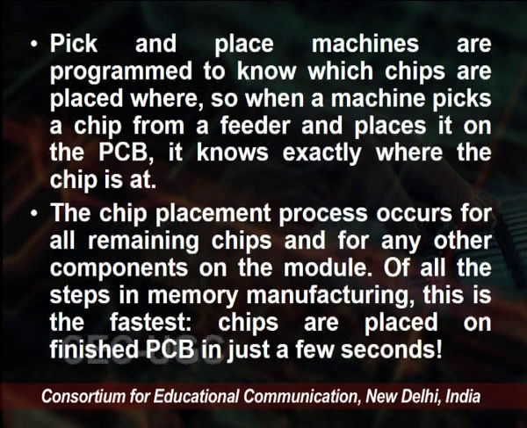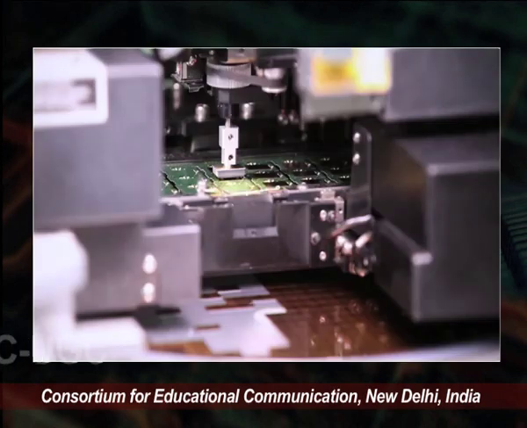It knows exactly where the chip is. So, the chip placement process occurs for all remaining chips and for any other component on the module, and this is the fastest chip placement on the PCB. You see on the screen chips at various points.